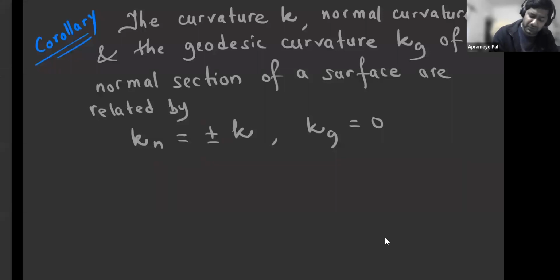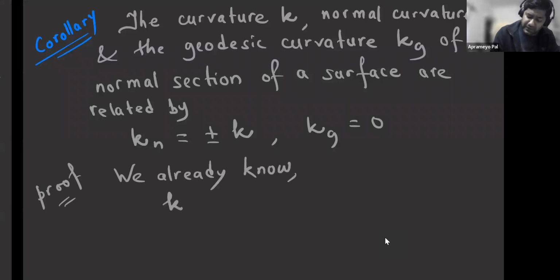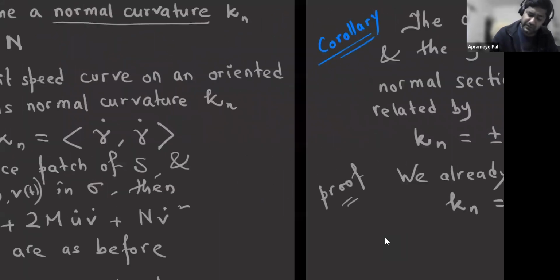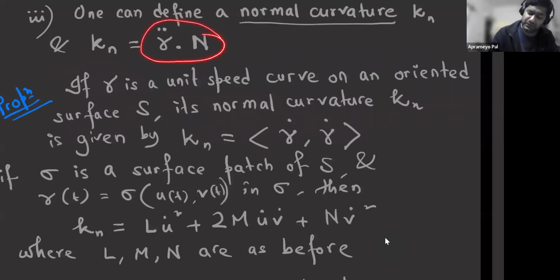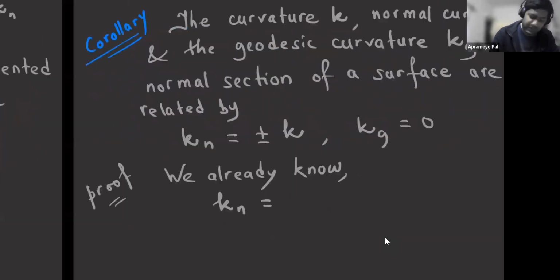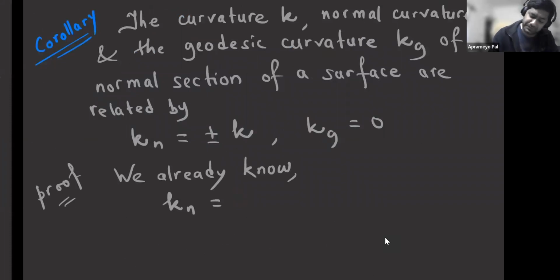But let's see the mathematical proof of it. We already know, I proved it last lecture, that kappa n is not only given by this formula, but moreover it's actually kappa sine theta, where theta was the angle between the unit normal and the normal of the curve, right?